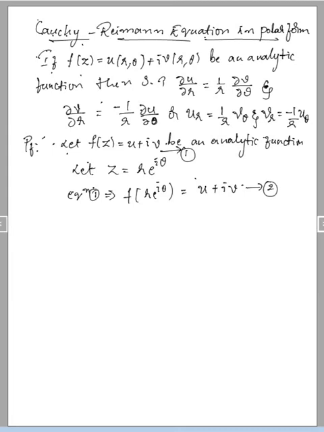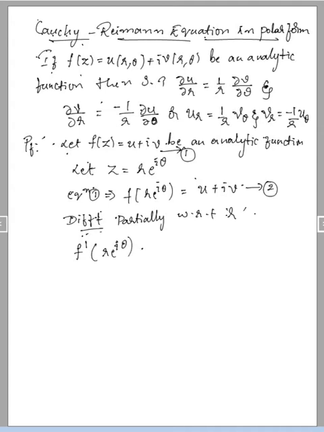Now differentiate this equation 2 partially with respect to r. So I am going to get the differentiation of f is f dash of r e power i theta.